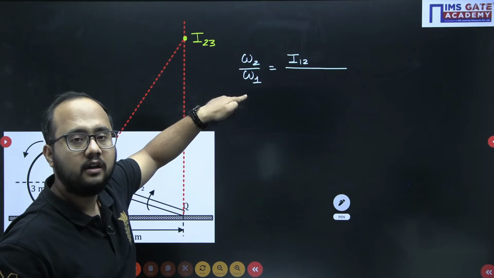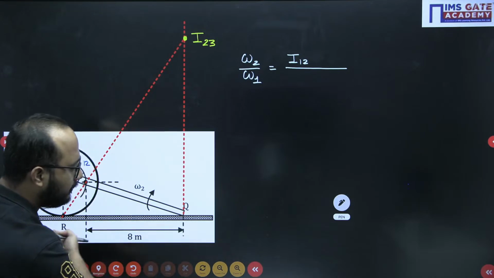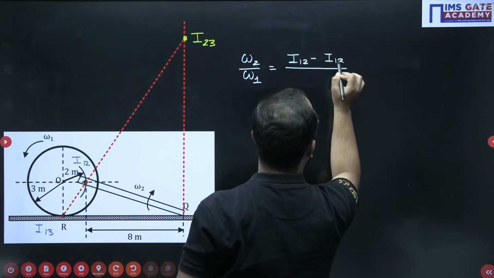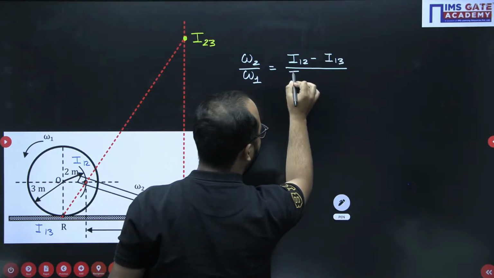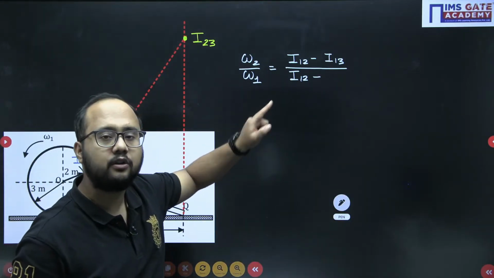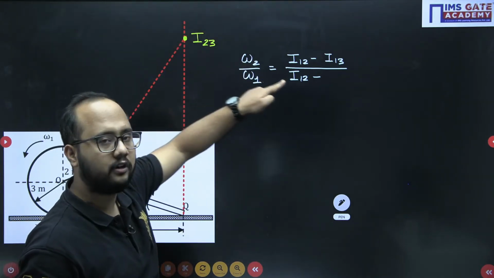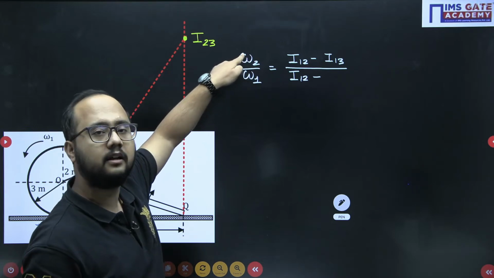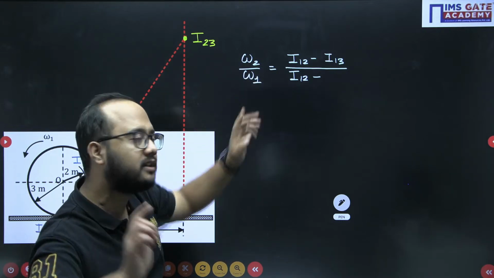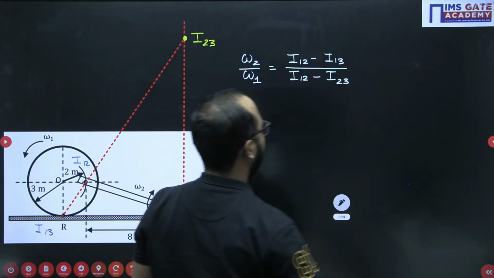The denominator link is 1, and its I center with respect to fixed, which is the plane, will be I13. Again, the distance from the common I center I12. Then for the numerator link, which is 2, the I center with respect to fixed becomes I23.